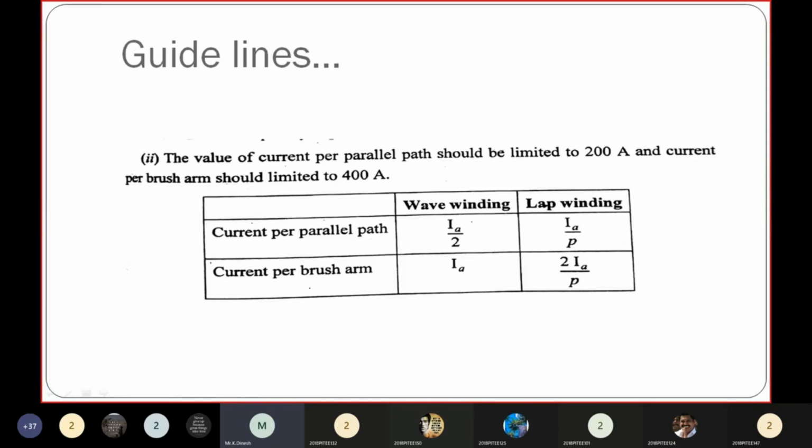In case of wave winding, current per parallel path is IA by 2 and current per brush arm is IA, whatever you are getting as the armature current, the same value. In case of lap winding, it is IA by P, and then current per brush arm in case of lap winding is 2 IA by P. We have to remember the four relations. So if these values satisfy 200 and 400, it is satisfied, so the following pole is satisfied. Otherwise it is not satisfied. I'll check.